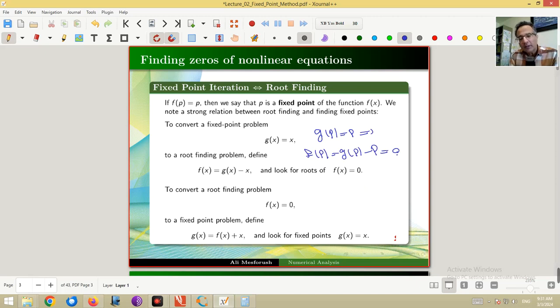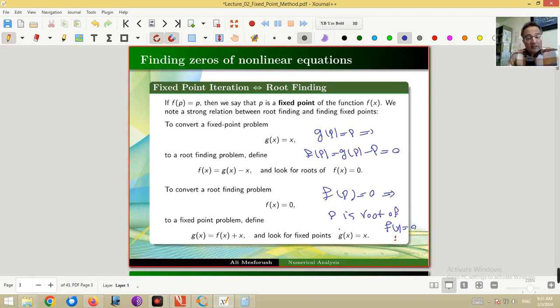This means P is a root of f of x equal to 0. This is the idea and the clue of the fixed point method.